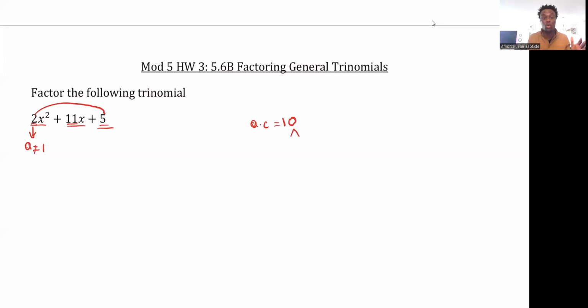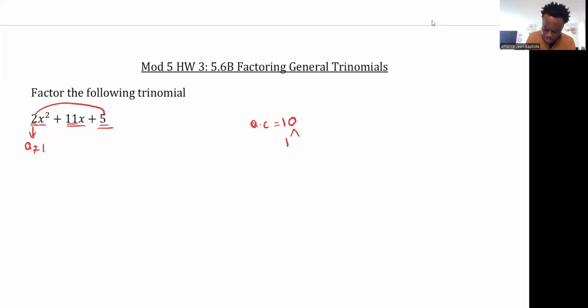Remember, when you multiply two negative values, it'll be a positive number. So don't be scared of seeing a b that is positive, but you're using two factors that are both negative, that multiply to a positive number and add to a negative. So you will find all these cases, make sure you play with them.